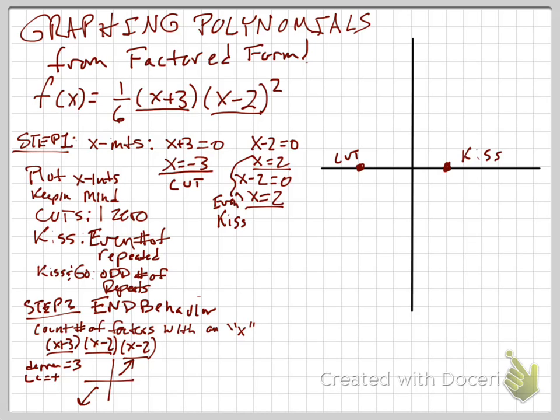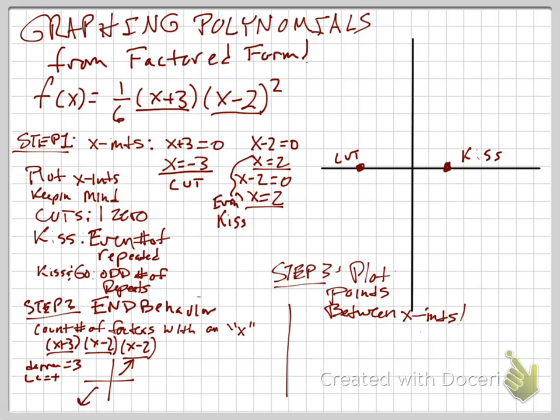Maybe the toughest part is step 3, which is to plot points between the x-intercepts. Okay, so what we're going to do here is I'm going to see if I can squeeze in a little bit of a table.